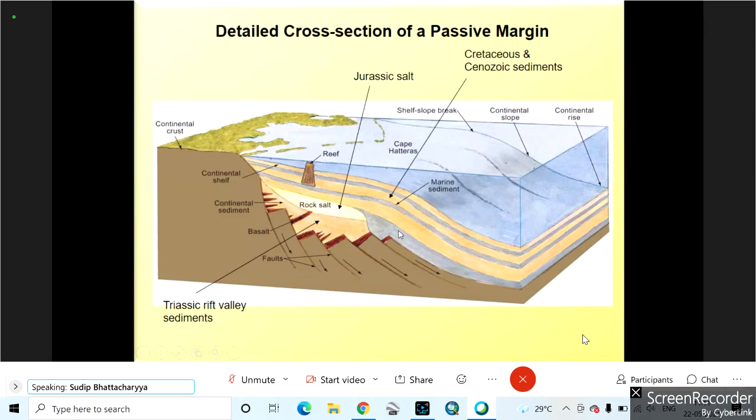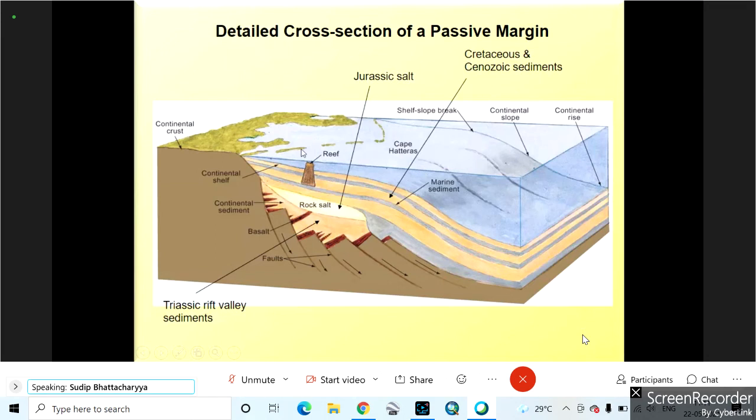Just see that different types of sediments are being accumulated. I have marked it. There is a rock salt. It is Jurassic salt, and below this is a Triassic deep valley sediments over there. So Triassic deep valley sediments, Jurassic deep valley sediments, Jurassic salt, and then the Cenozoic sediments over there.